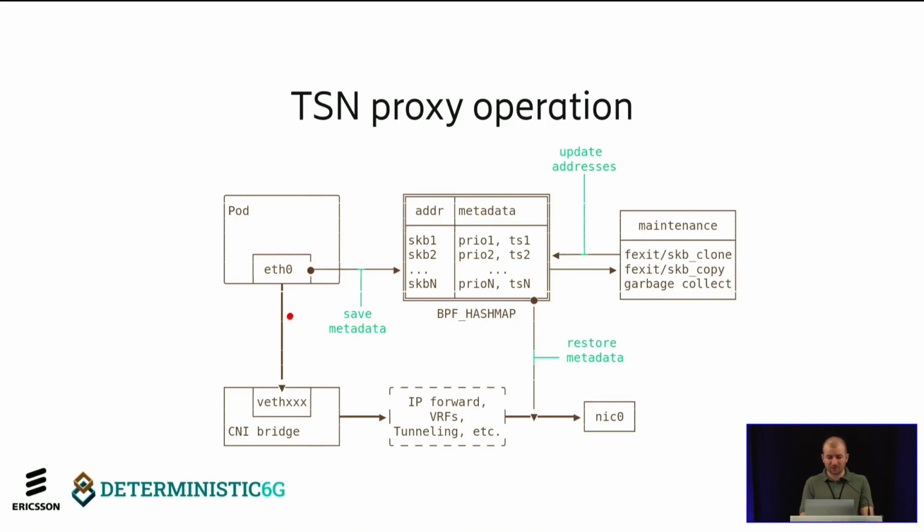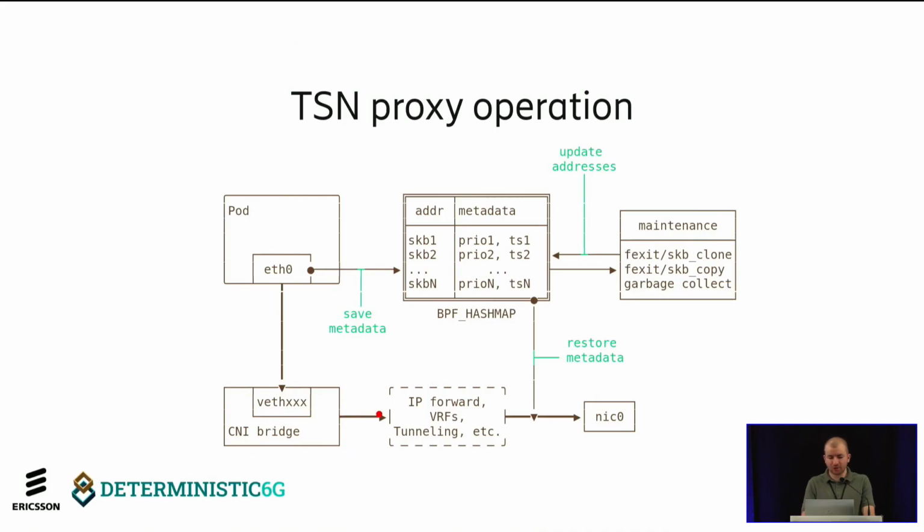When the pod application sends some data, we check the SKB timestamp and SKB priority and put them into a pre-allocated hash map, keyed by the address of the SKB, with the metadata as the value. And then it continues its path in the CNI network, the cluster network.